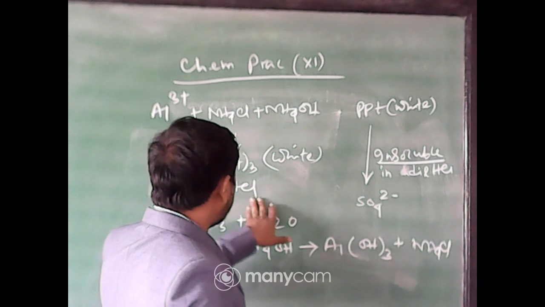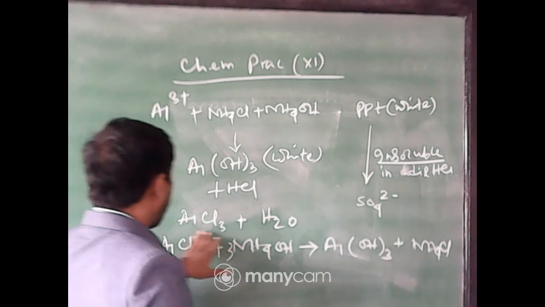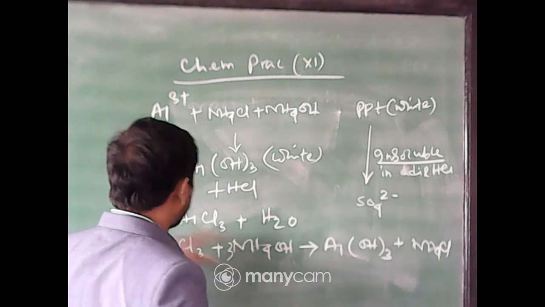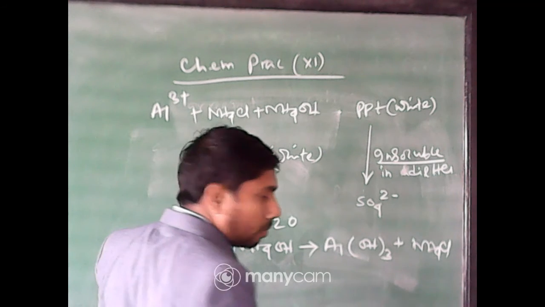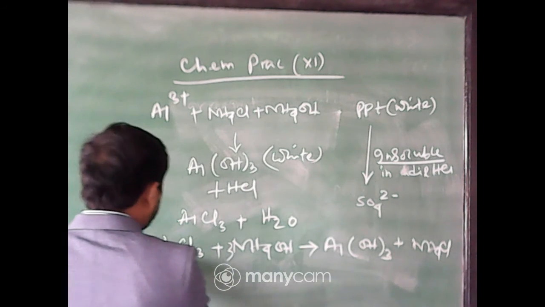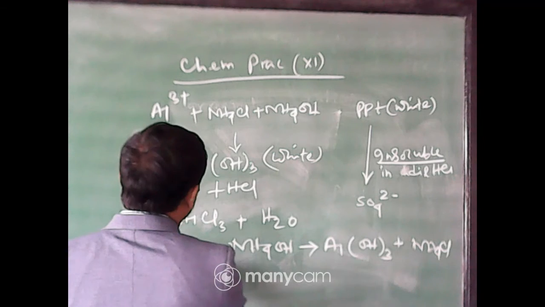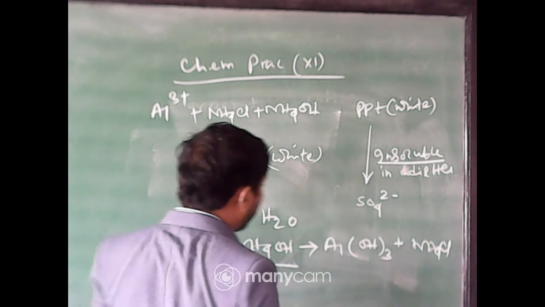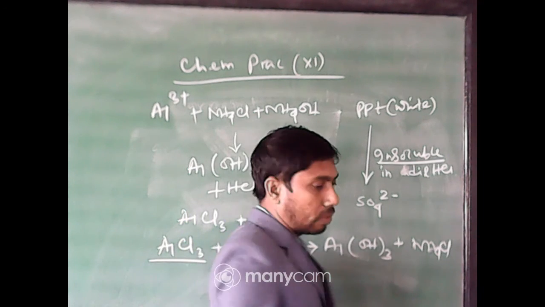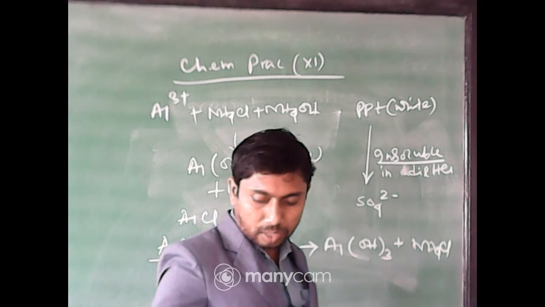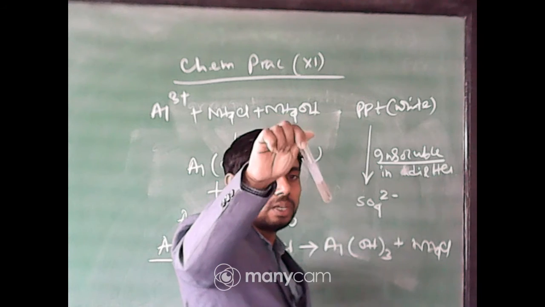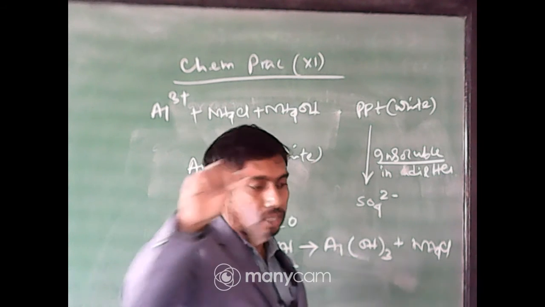When we add HCl, it is AlCl3 plus H2O. AlCl3 is water soluble, so the solution remains clear. Next, AlCl3, when added with NH4OH, again aluminium hydroxide will be produced. This is the final white PPT of aluminium hydroxide.